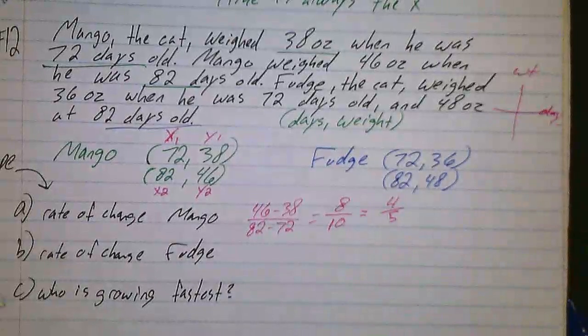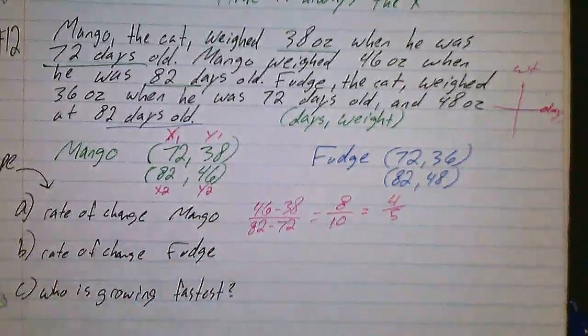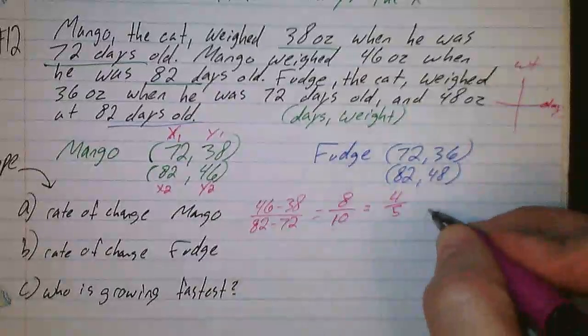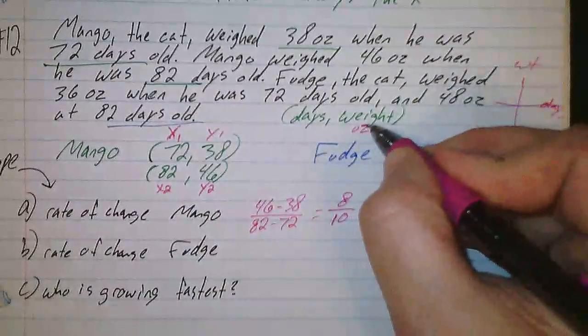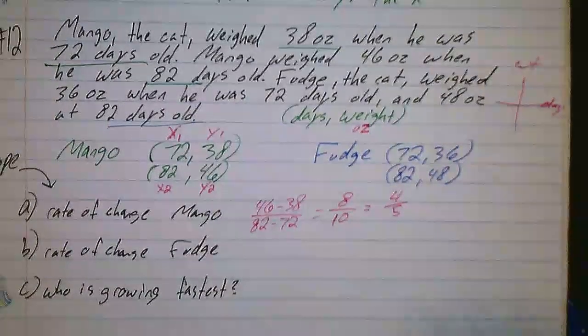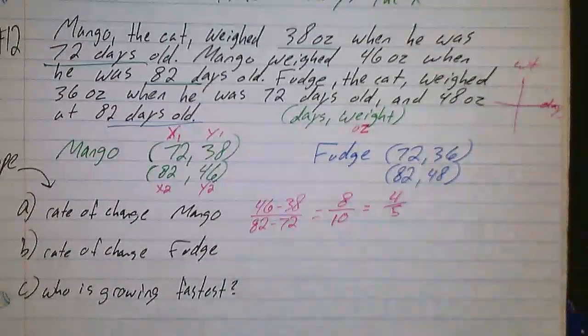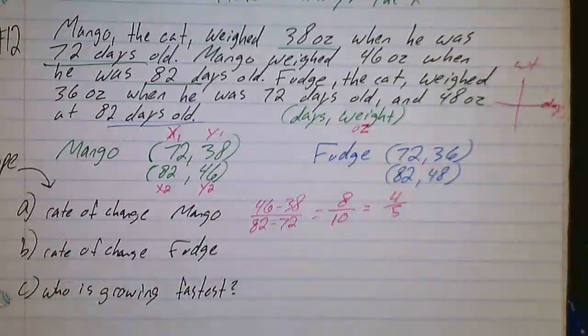In these word problems, they ask us frequently to interpret the meaning in the context of the question. So what this means, 4/5, that's the slope of Mango, but what does that describe? Since we're talking about days and weight in ounces, he is gaining 4 ounces every 5 days.